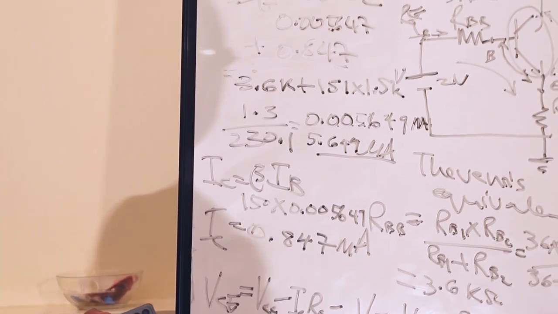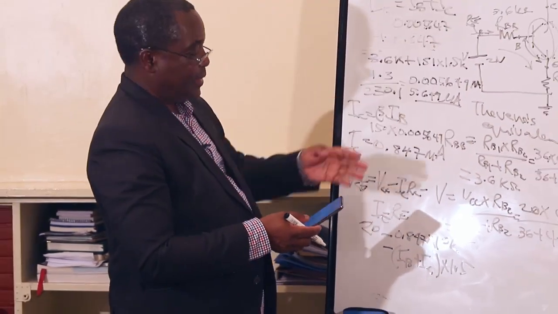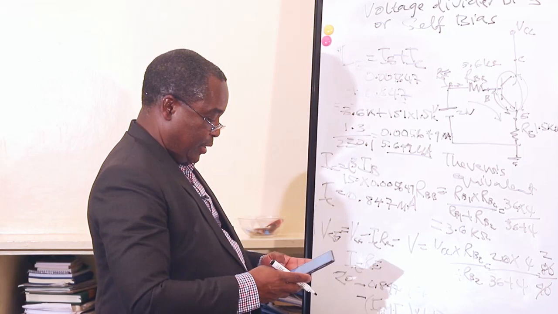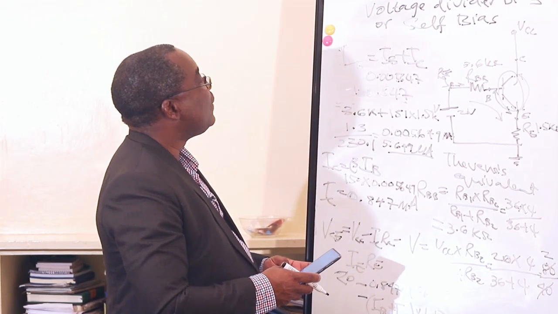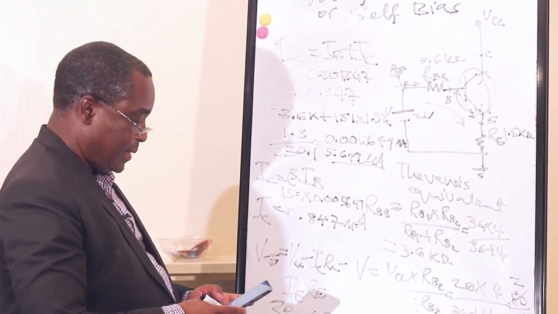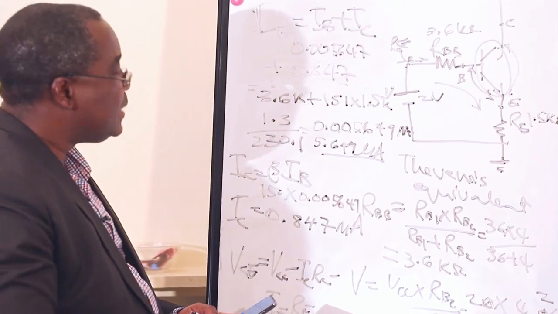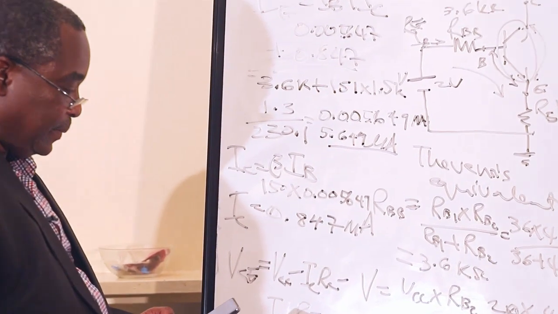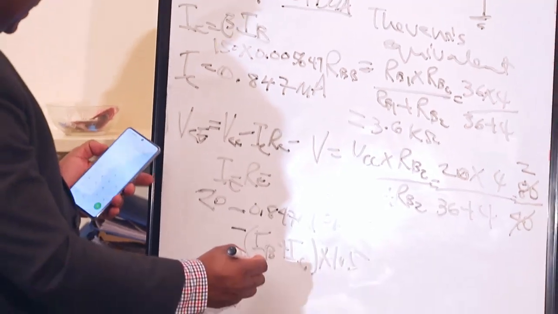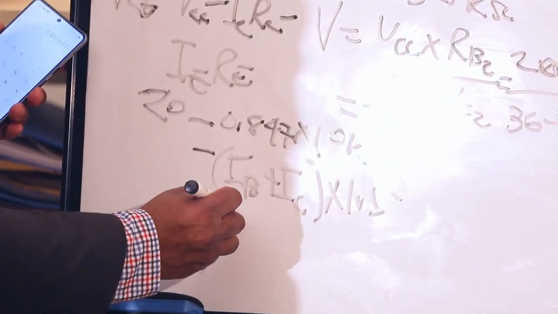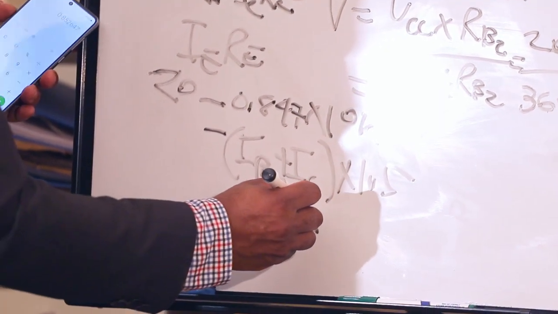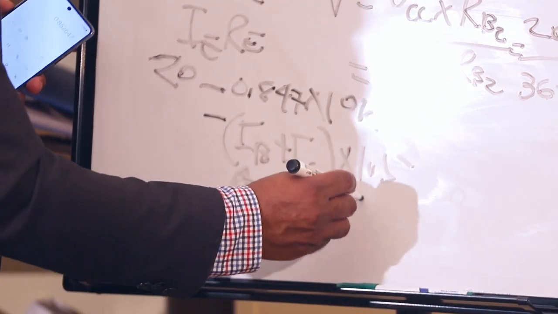Using simple algebra, you can also use a calculator: 0.005647 plus 0.847, we have our IE is 0.8526, which we times by 1.5.